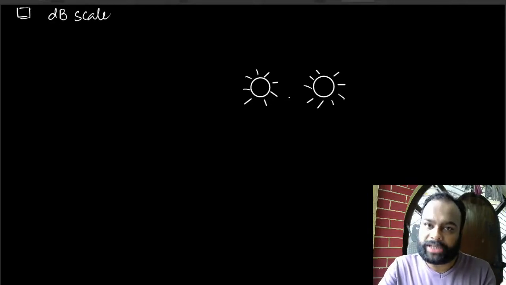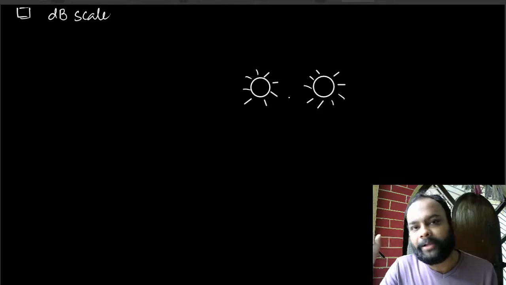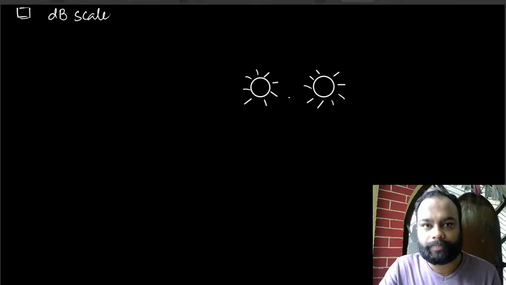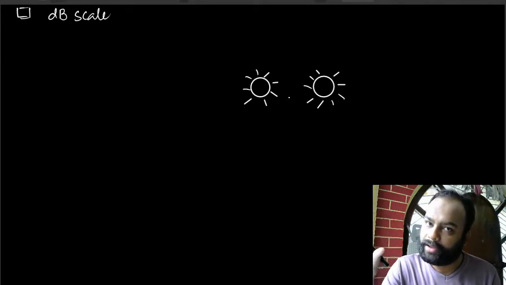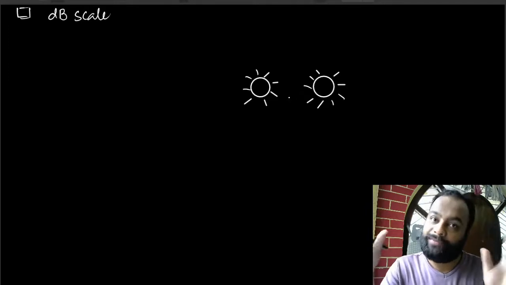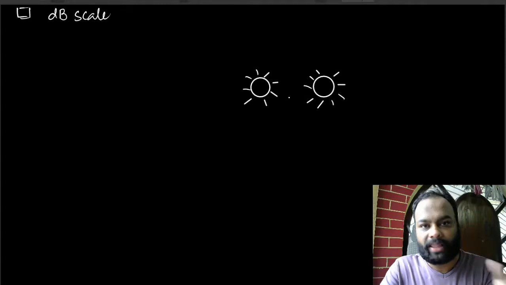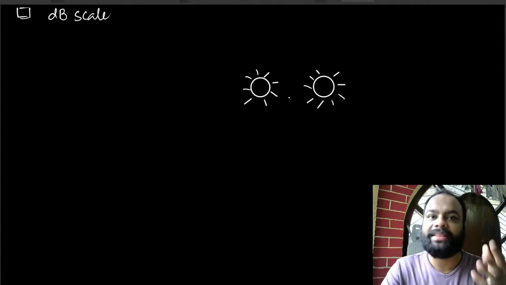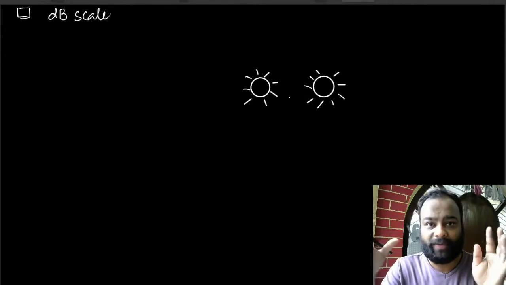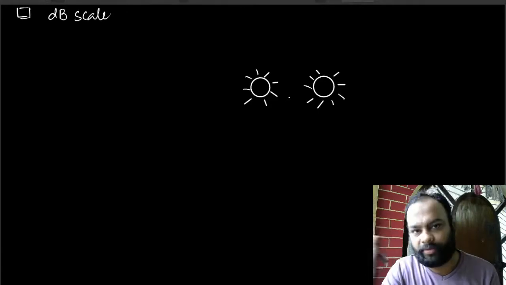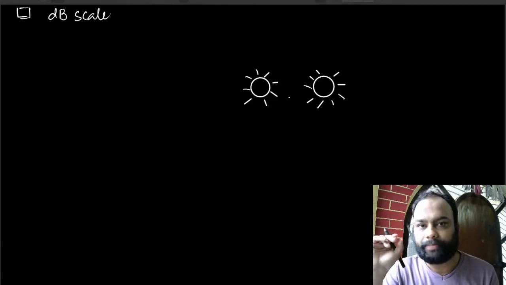Actually, yes, you shall feel the difference, and it will feel that the amount of light has doubled. You would actually feel that quite well. If you have just a single light in a room, and if you put another one, you would automatically feel that the amount of light has actually doubled. Very clear idea, right? Very simple idea.